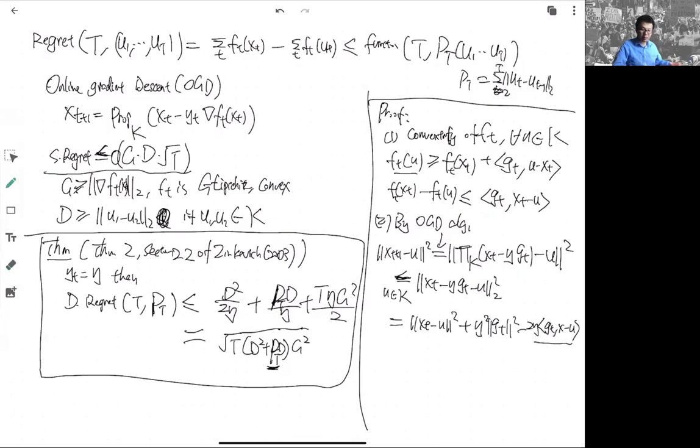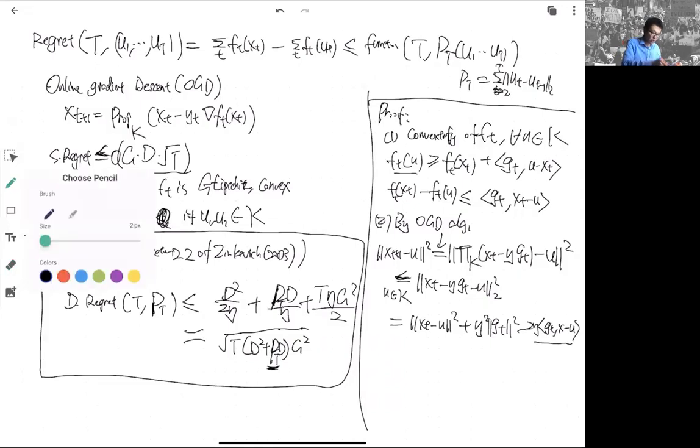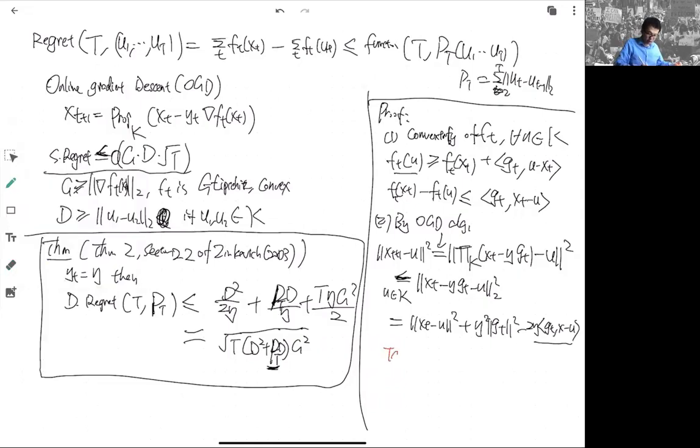The thing I want to point out is that in this case, this u can be anything. It doesn't have to be the static regret bound. So let's take u to be ut.